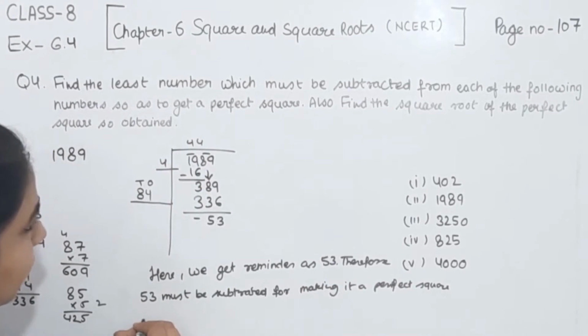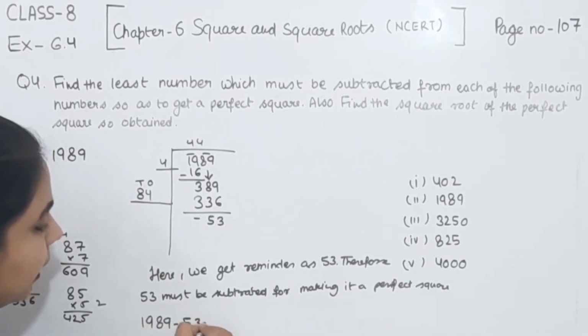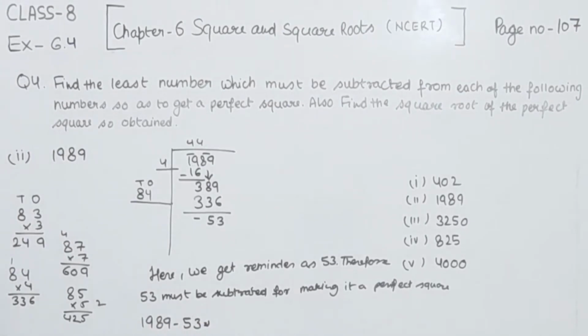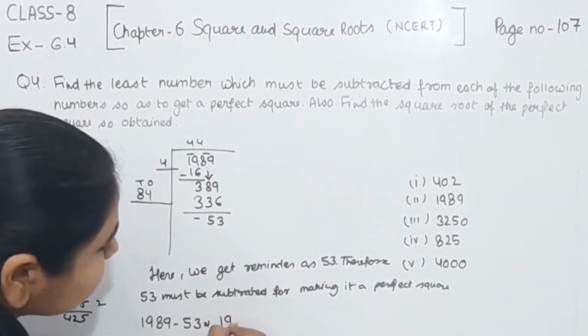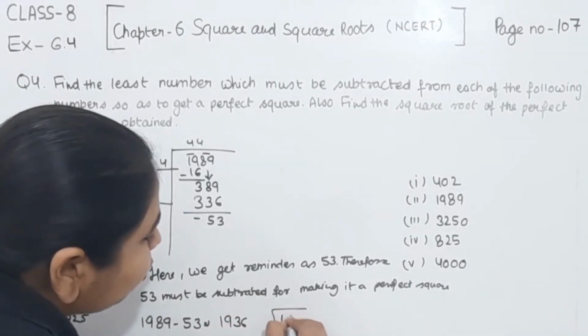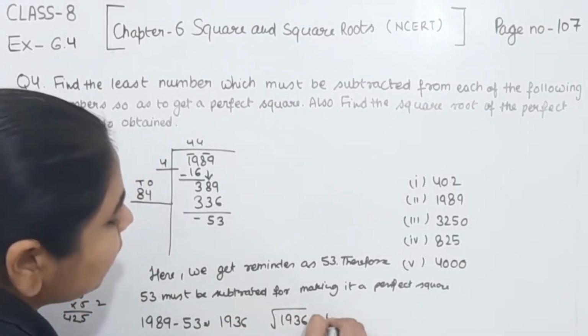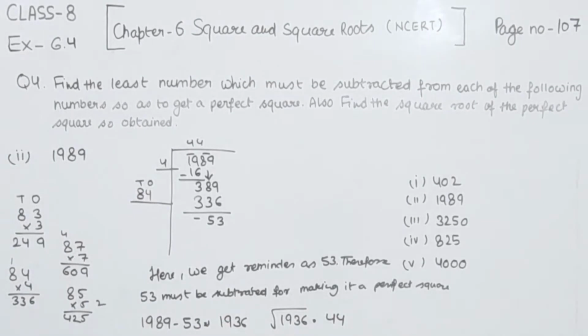So we have to subtract 1989 minus 53. Then we are going to get the number as 1936. And the square root of 1936 is equal to 44 we are having.